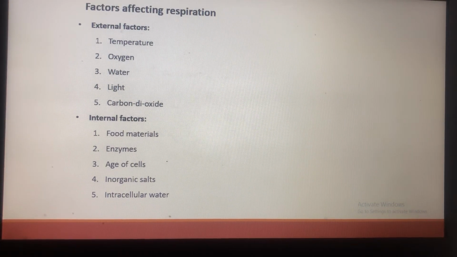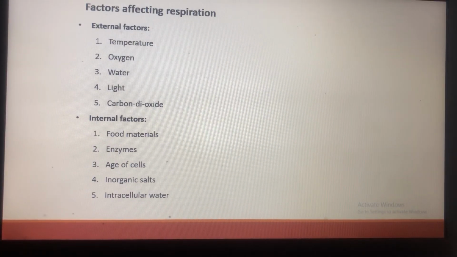Then the internal factors. Among the internal factors, first is food materials. In respiration, energy, water and carbon dioxide are produced by breaking down food materials, which is our respiratory substance. So the amount and the types of food control the rate of respiration. Respiration rate is not the same in all food materials, so the type and how much food is present in the cell plays a very important role.